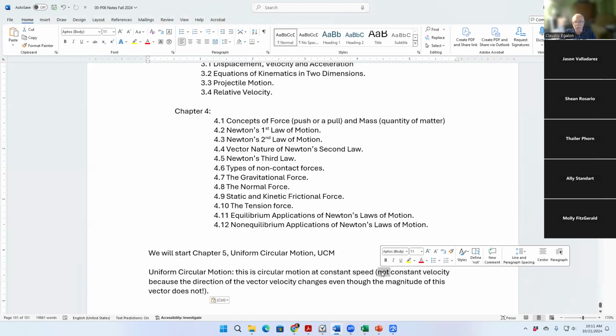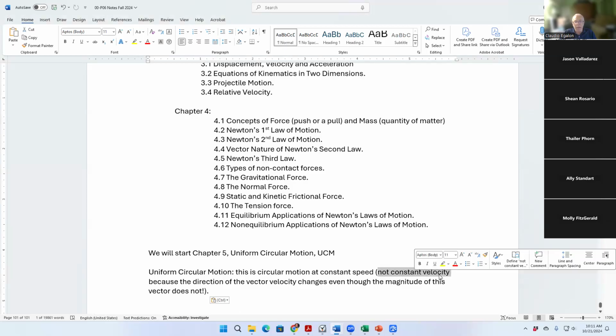Constant speed means that the magnitude of the velocity does not change. But just by saying constant speed does not guarantee that you have constant velocity. Just like in the case of uniform circular motion, the velocity vector is changing direction, right?